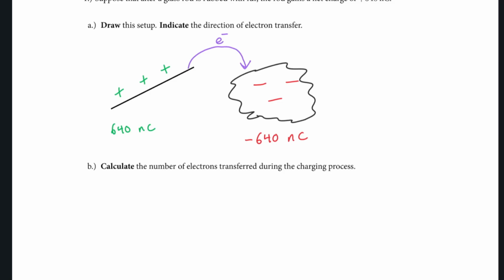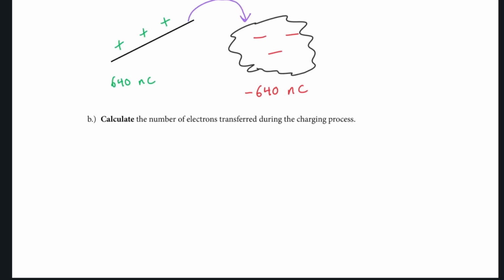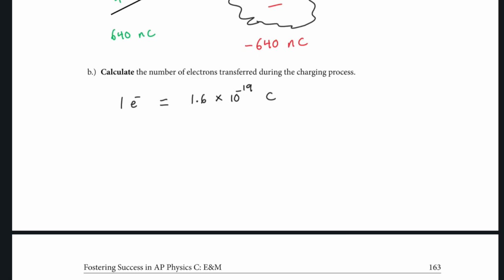And now if we wanted to calculate the number of electrons transferred during this process, we can just use the fact that the electron charge is known. It is a constant in our reference information, where each electron is worth 1.6 times 10 to the minus 19th coulombs of charge. So we have 640 nanocoulombs, so 640 times 10 to the minus 9th coulombs.